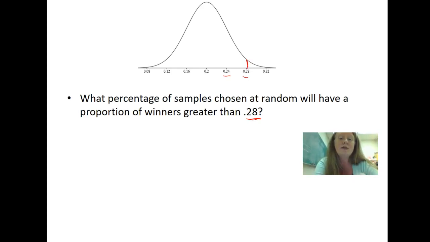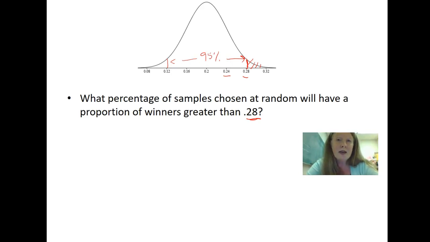Here's 0.28. I want to know what this little percentage is. If 0.28 falls exactly 2 standard deviations above the mean, think about the empirical rule. How can that help you answer a question like this? Remember, the empirical rule tells us that if we go out 2 standard deviations from the mean, we have 95% of our data.